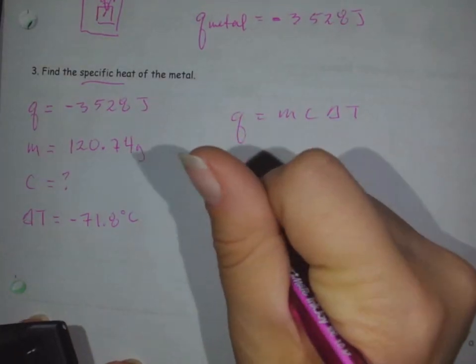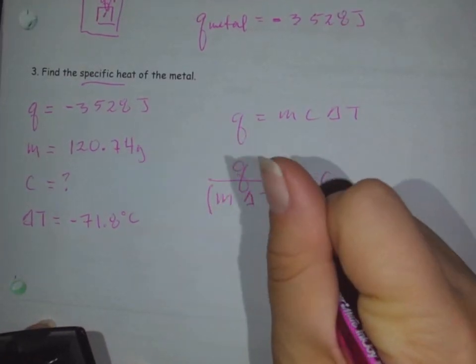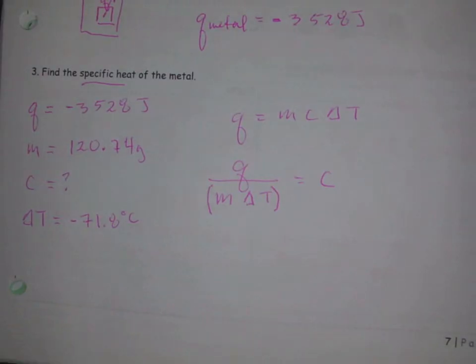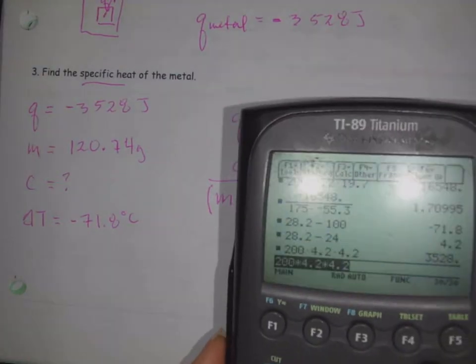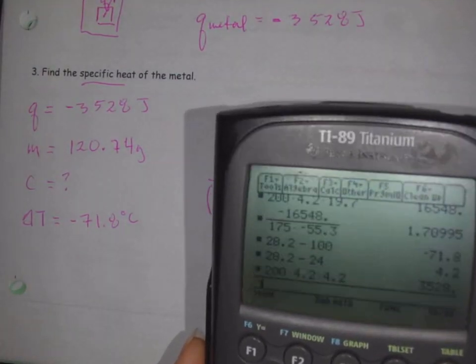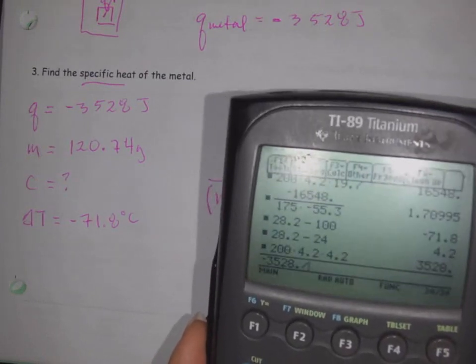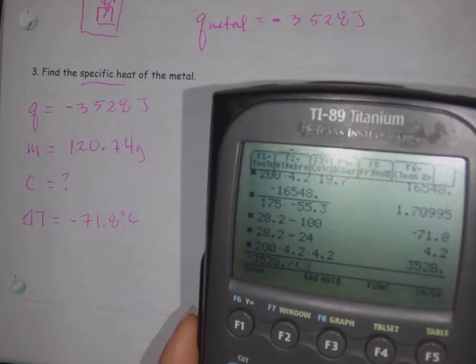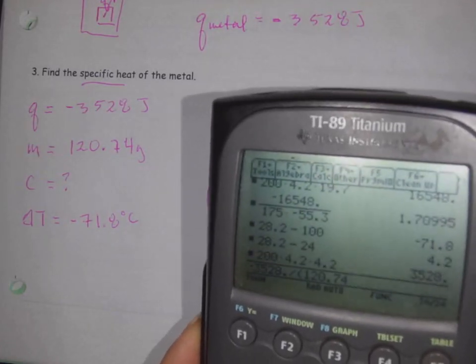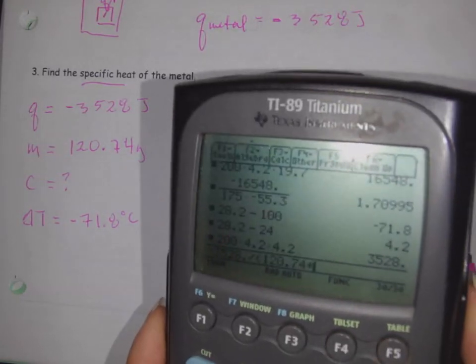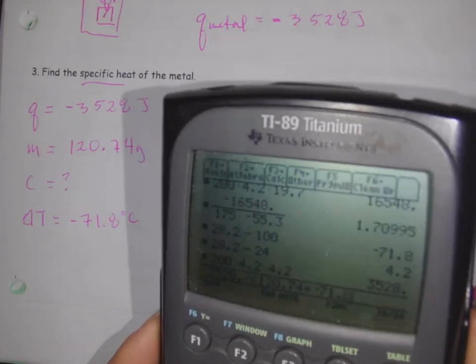Please be careful. Make sure you include all the negative signs, and we put parentheses around our values in the denominator there. So I would do negative 3,528 divided by, open parentheses, the mass, 120.74, times the delta T, negative 71.8.